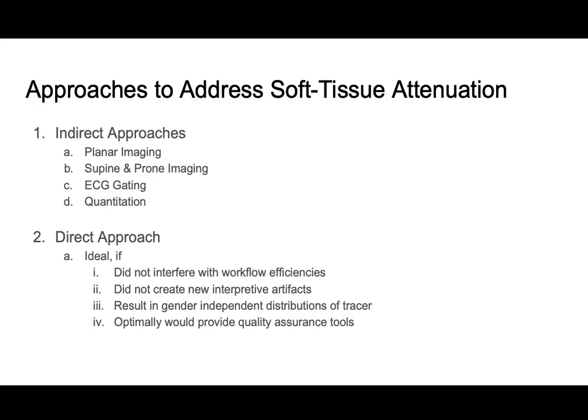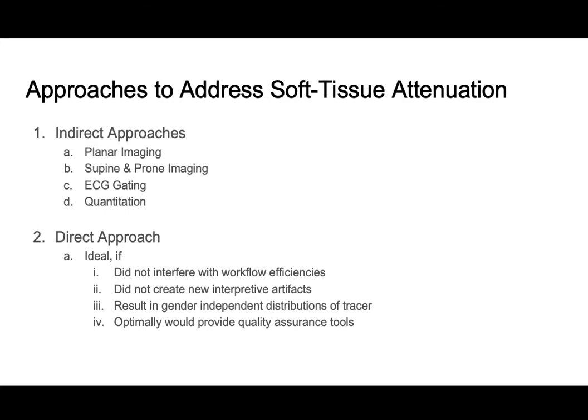So there are indirect approaches and direct approaches. Indirect approaches have their limitations. For example, planar imaging uses 2D images, and very few physicians and technicians are familiar with using 2D images to address the problems in soft tissue attenuation.